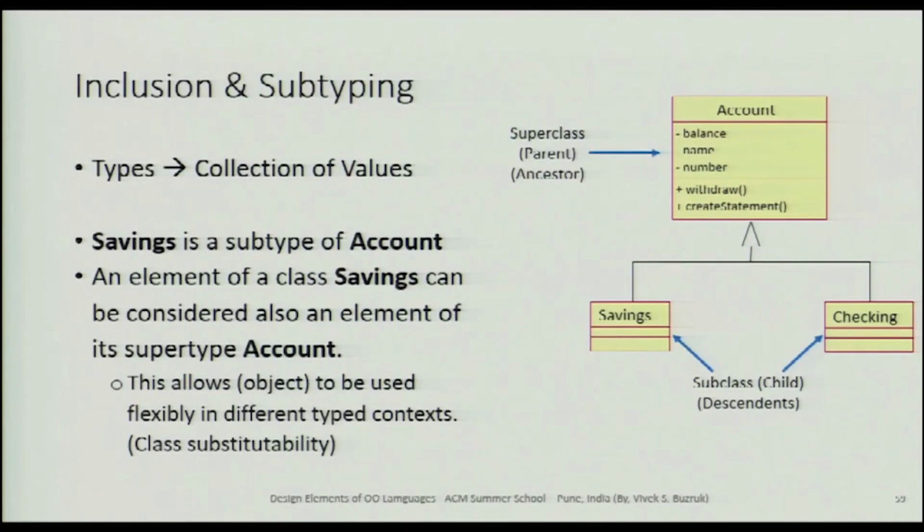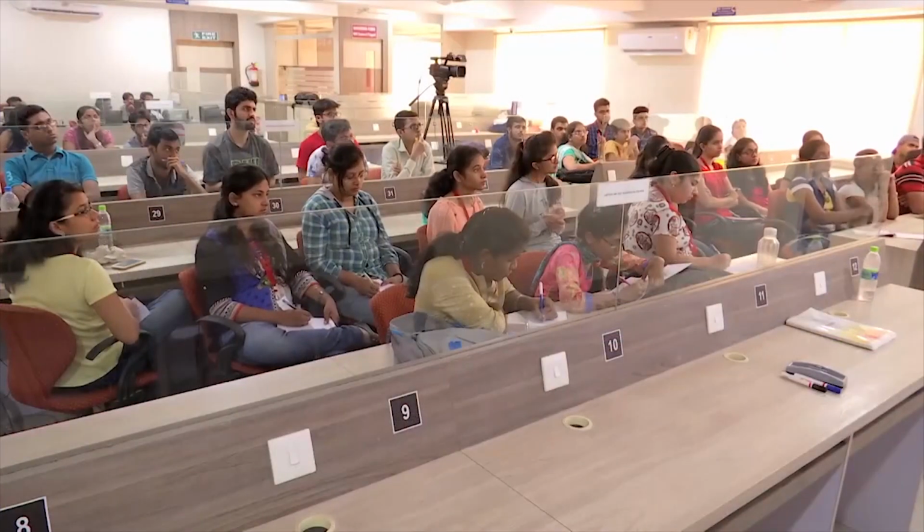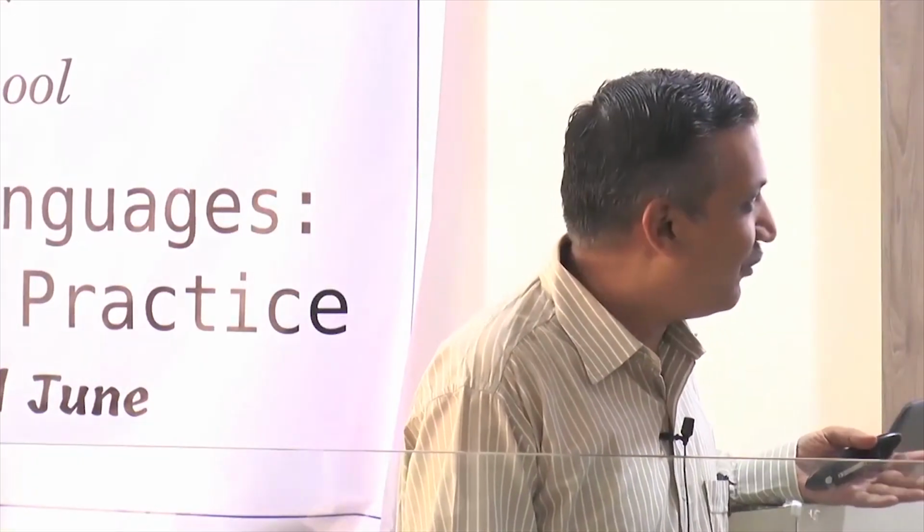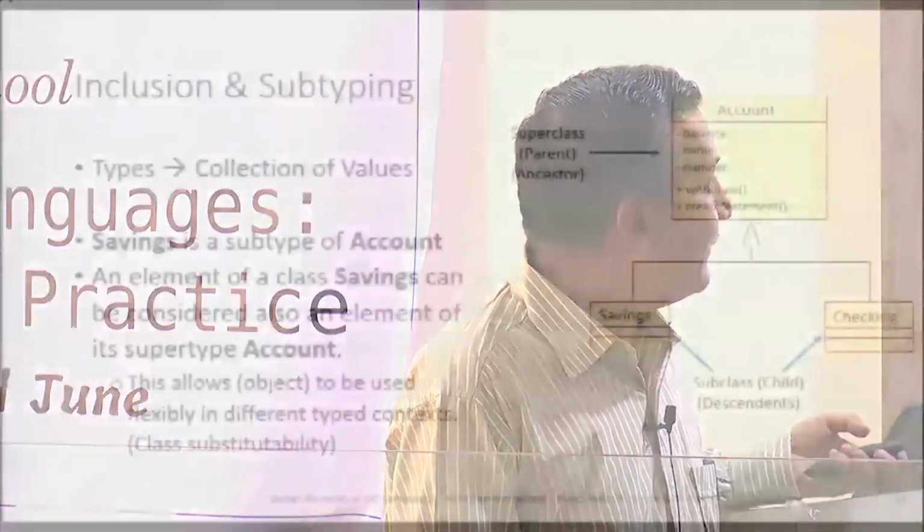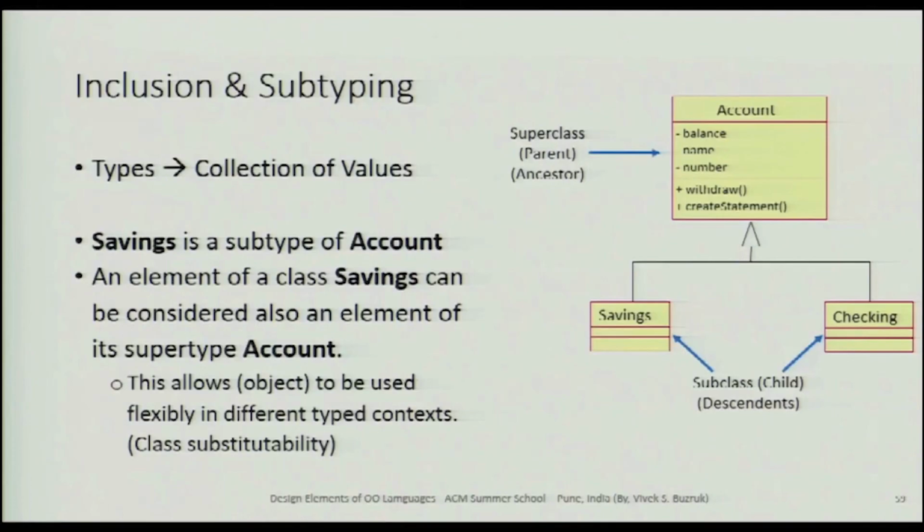Is that right? Yes, it is a type of account, an is-a relationship that exists, but this needs to be well established and defined further. Actually yes, in this case the subtype relationship says that an element of class savings can also be considered an element of supertype account.